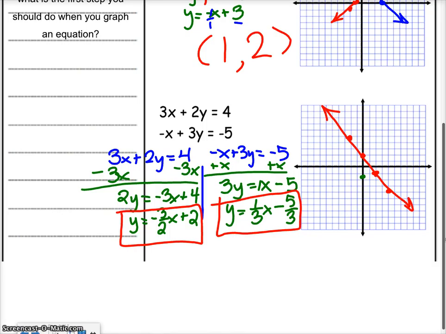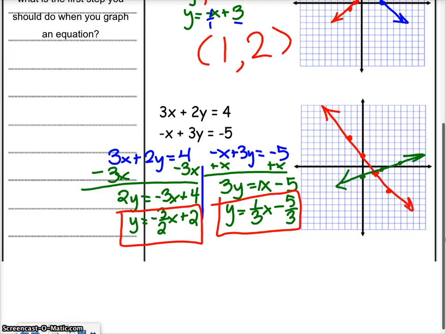And then I go down 1 over 3. No, just kidding, I go up 1 over 3. So up 1 over 1, 2, 3. Up 1 over 1, 2, 3.